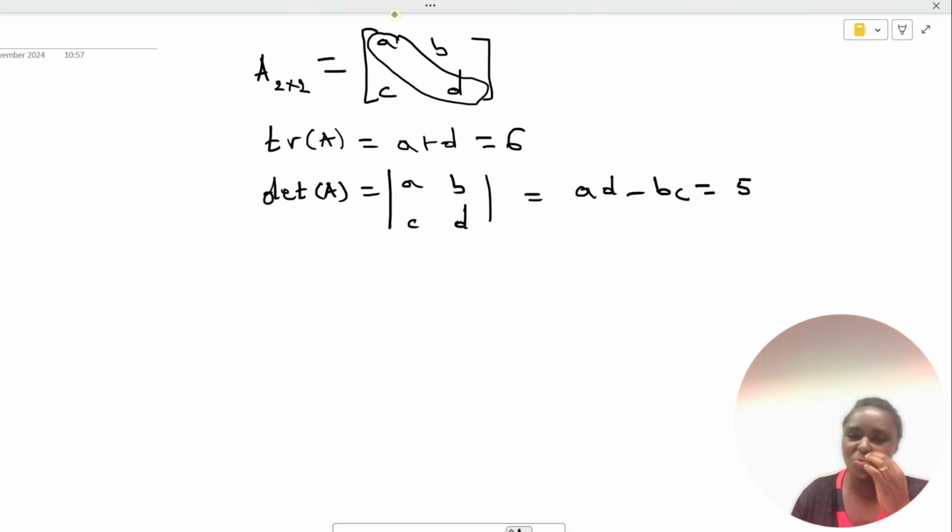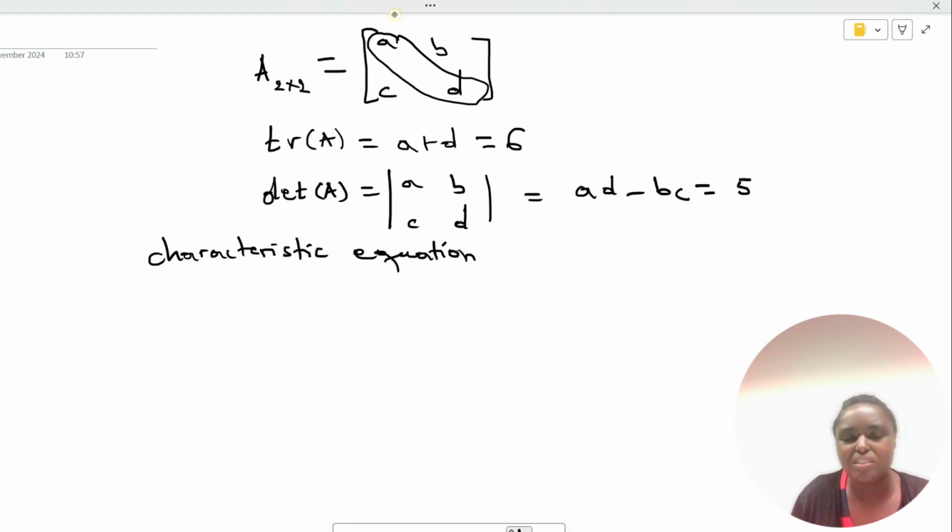And they ask us to compute the eigenvalues. How do we compute the eigenvalues? Eigenvalues are computed by solving what we call the characteristic equation of a matrix. What is the characteristic equation of A?